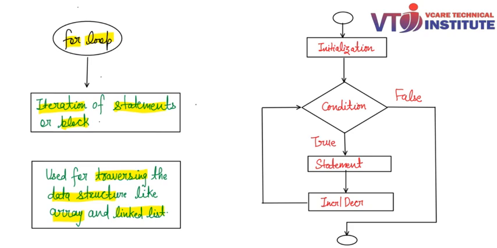In the for loop flowchart, there is an initialization, and then after initialization there is a condition. If the condition becomes true, the statement is executed, and after the execution of the statement there is an increment or decrement, that is the test expression, and this continues until the condition becomes false, and this is the end of the program.